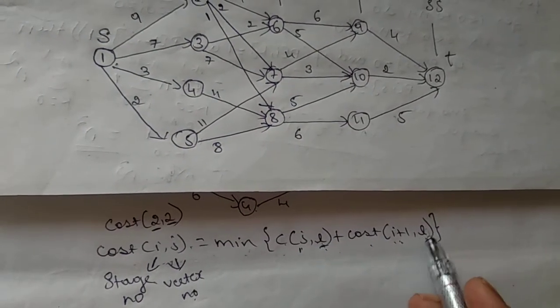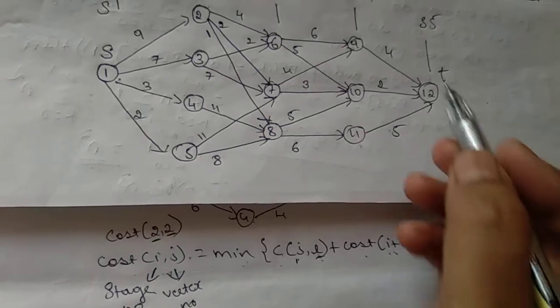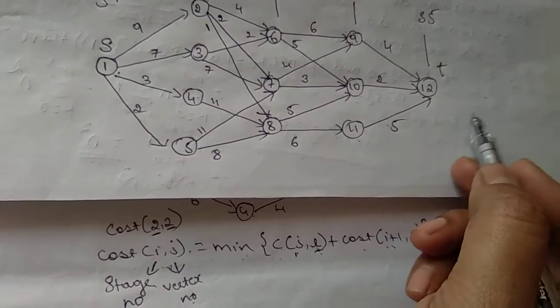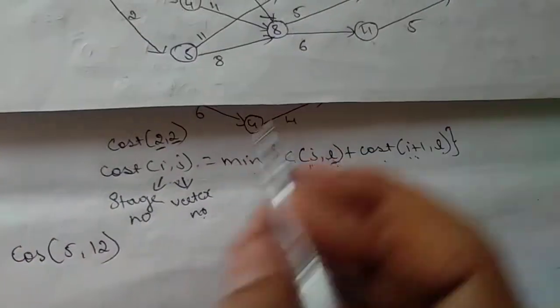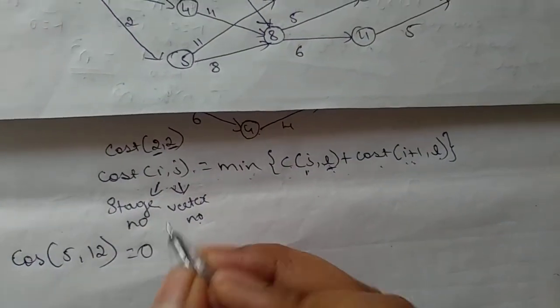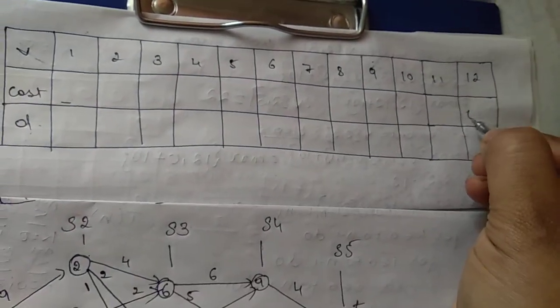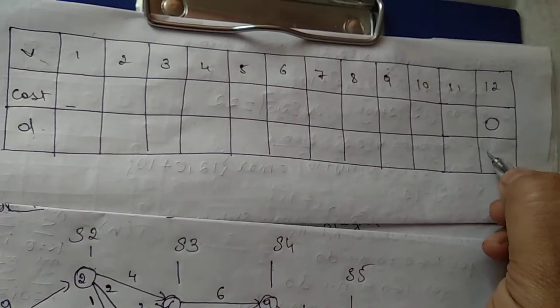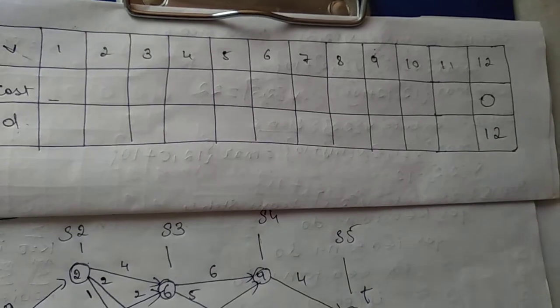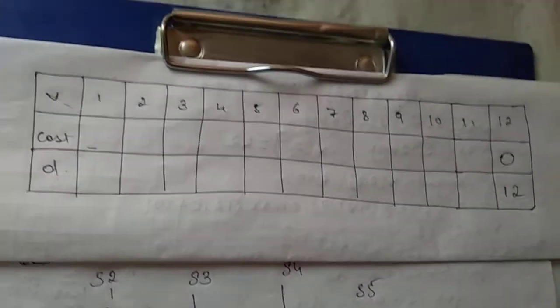For i plus 1, l also, a next vertex is needed. From 12 we don't have any other edges, so the 12 value will be equal to 0 and it will remain in 12 itself. It is not going anywhere. So in this table I'll update the cost as 0 and it remains in 12 itself. Like this I'll update.